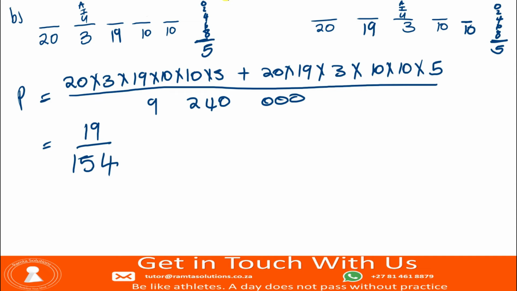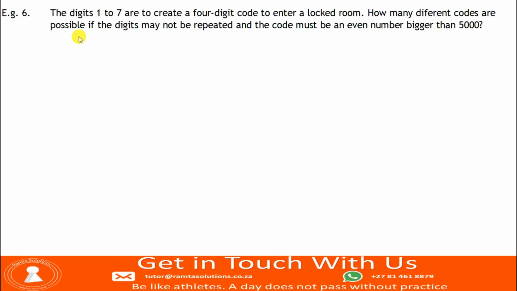Let's see now. Looking at example number 6, it says the digits 1 to 7 are used to create a 4-digit code to enter a locked room.